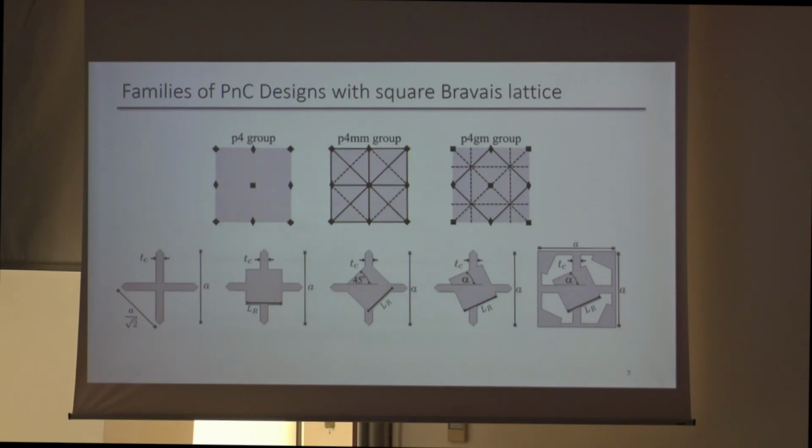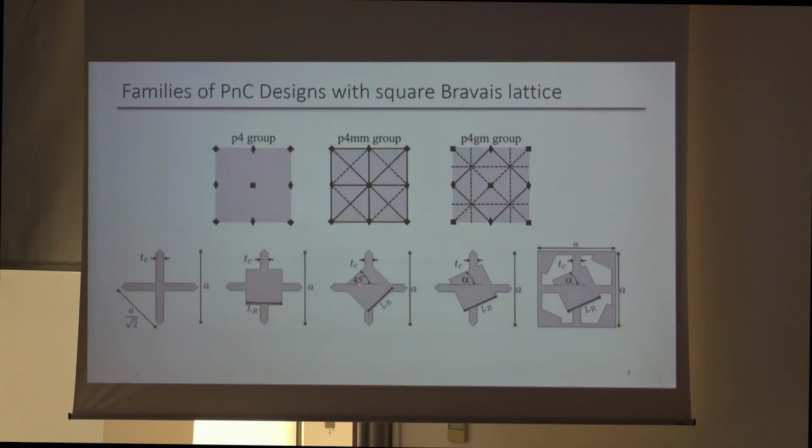And here we propose a very simple structure. This is just a square grid, which is made from thin connectors, as we call them. And then we put a solid square resonator in every second node.